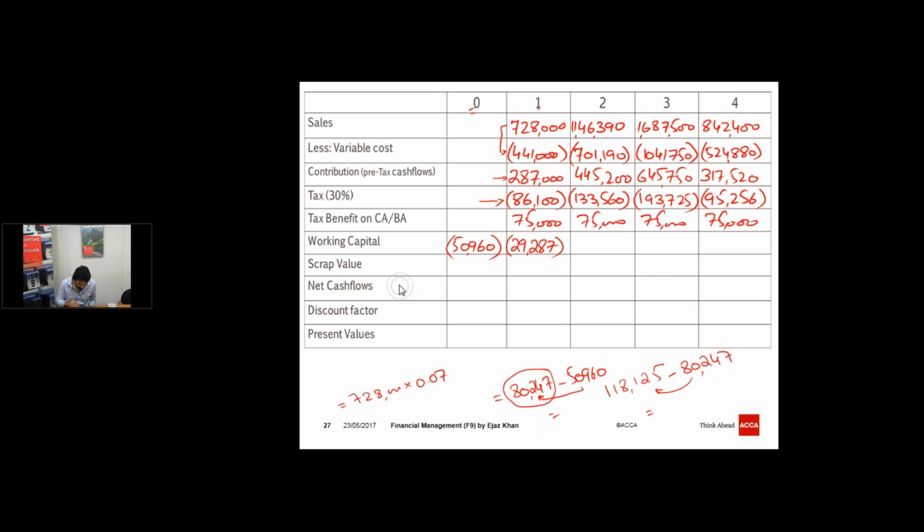So what's the additional amount? What will be the difference? 118125 minus 80247. Marianne, we haven't spent 50960. It's a capital actually, and capital isn't spent. It is kept in the business. It will rotate.